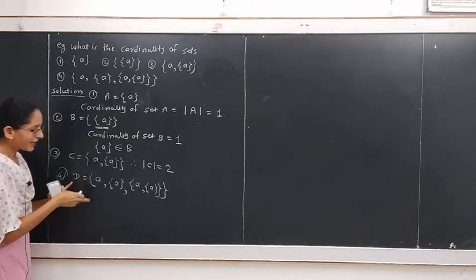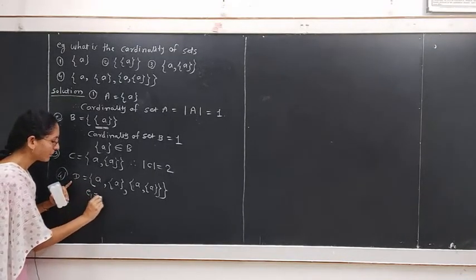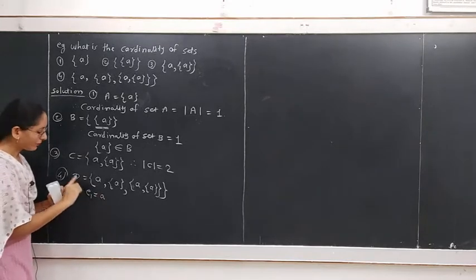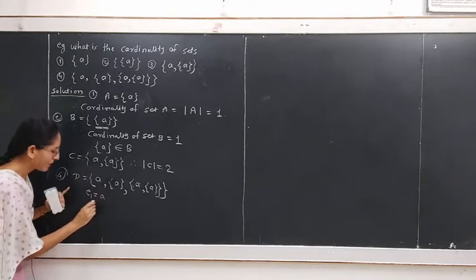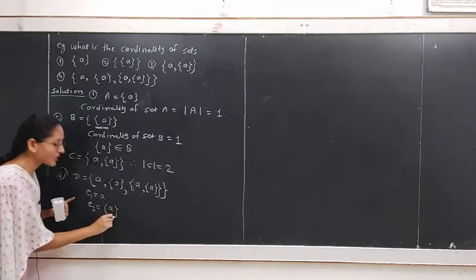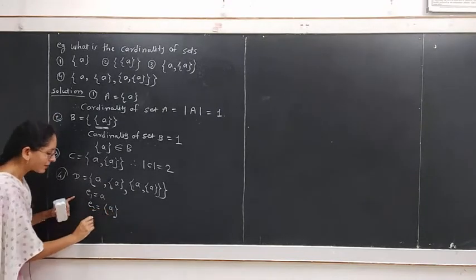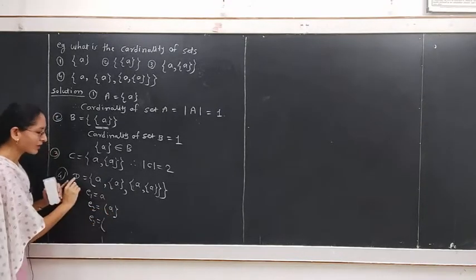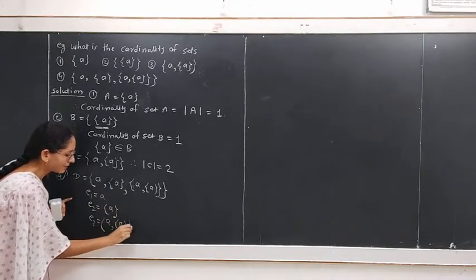Now we are denoting the elements of set D. Suppose the first element is E1, which is element a. Second element is E2, which is in the form of set, the singleton set A, and the third element E3 for the set D is given by a and set A.